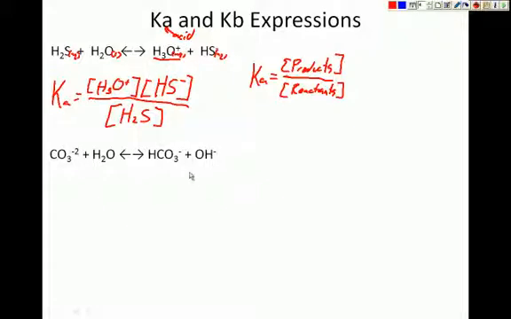Now for this one, since this is OH-, we're going to use Kb, and the B stands for base. Okay, and the exact same thing.